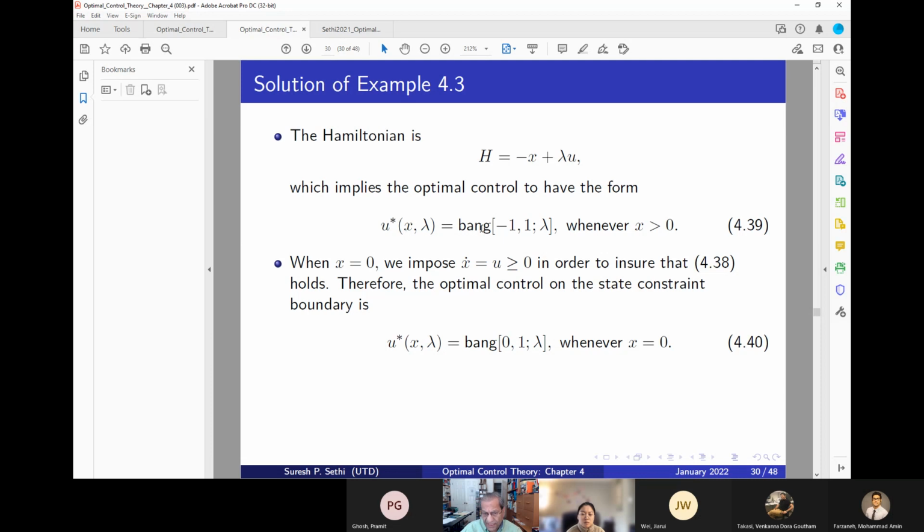U star x lambda then is bang minus 1, 1 lambda. It's very important for you to understand that in most mathematical papers, you need to economize, and people do economize on notation, because otherwise it becomes very messy. And when you economize on notation, you need to have some sense of what these things mean.